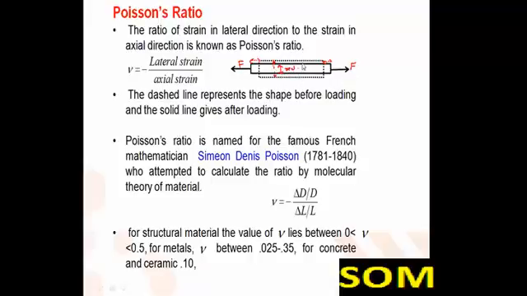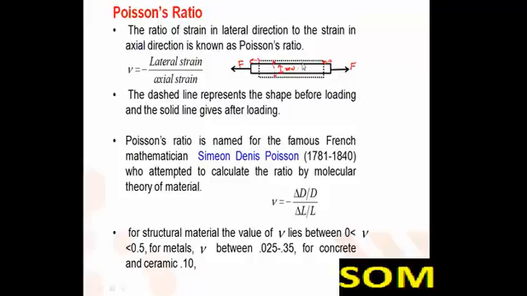If we apply a longitudinal load on a certain bar or rod, its length will increase and its diameter will decrease. The ratio of strain in the lateral direction to strain in the axial direction is known as the Poisson ratio. The dashed line represents the shape before loading, and the solid line gives the shape after loading.